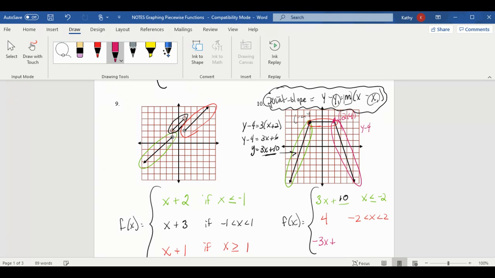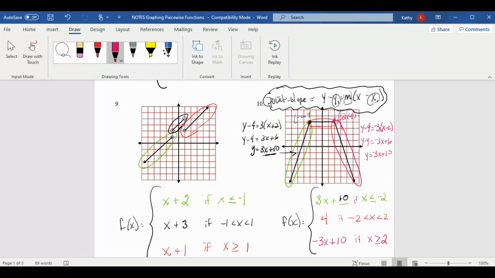So you can do y minus 4 equals -3 times x minus 2. And we get y minus 4 equals -3x plus 6. And we will see that y is equal to -3x plus 10. So 10 is here, and this is if, sorry, I forgot that, if x is greater than or equal to 2.